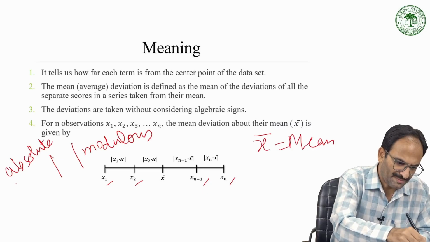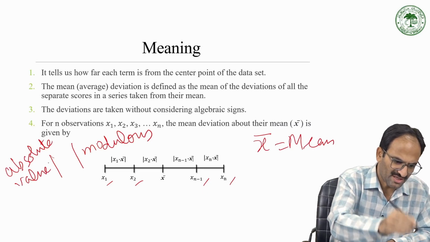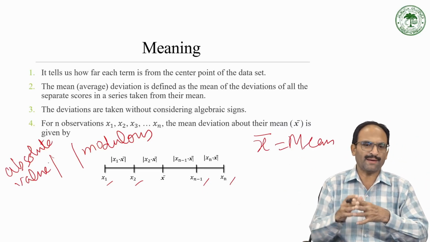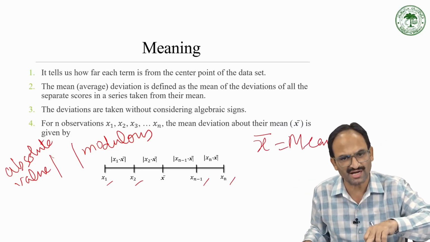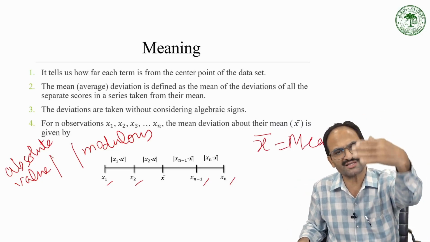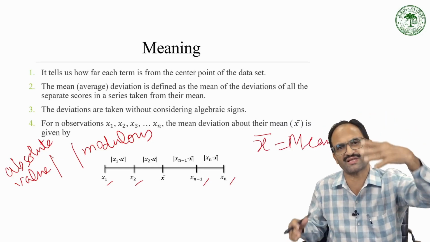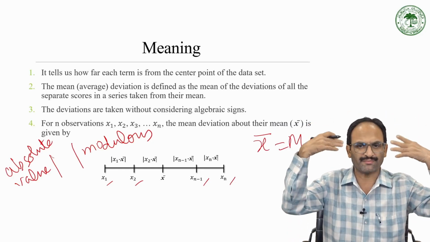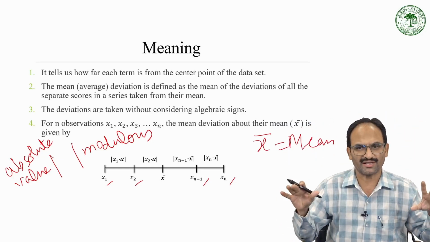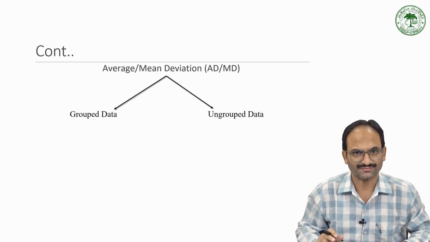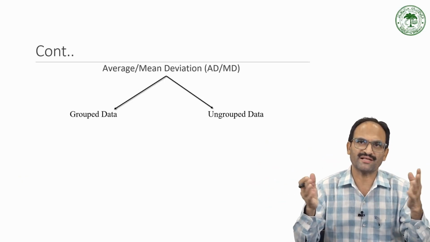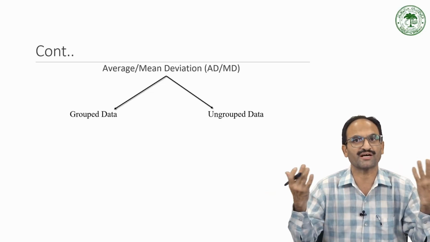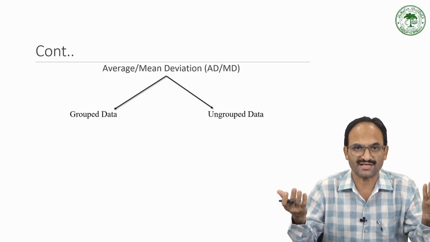Absolute value simply means we are not going to bother about the sign. So we calculate for the first, the second, the third, the fourth, the fifth, the sixth, the n minus 1th and the nth. Finally we sum all the deviations and divide by the number of observations or terms in the data set.